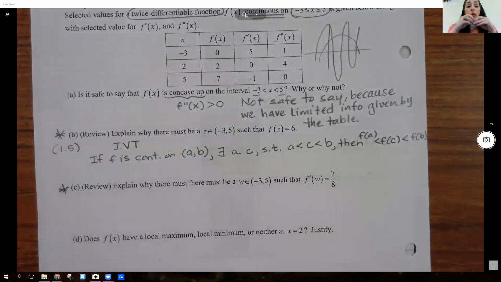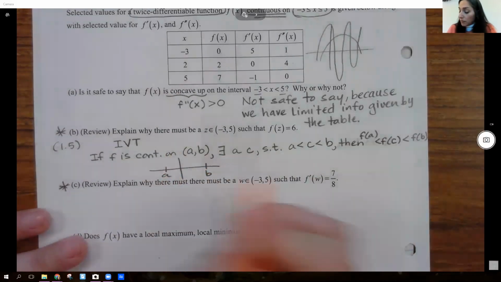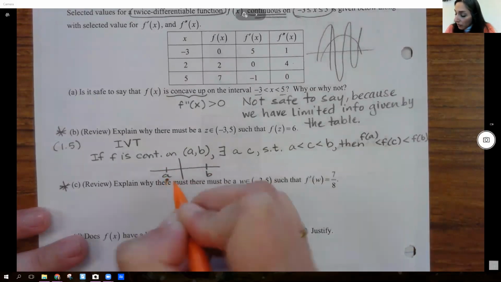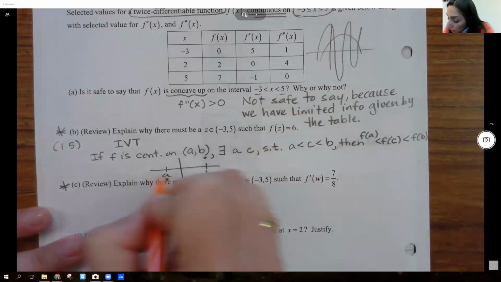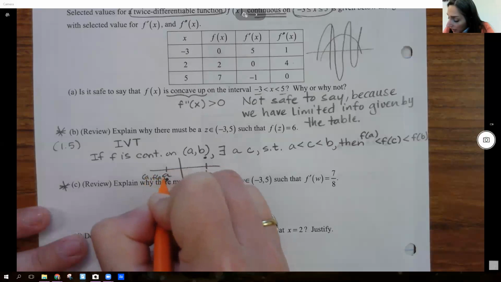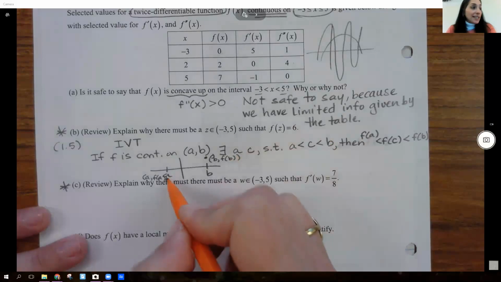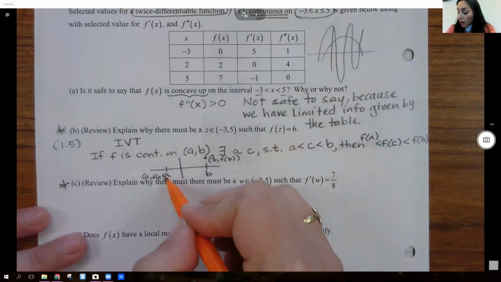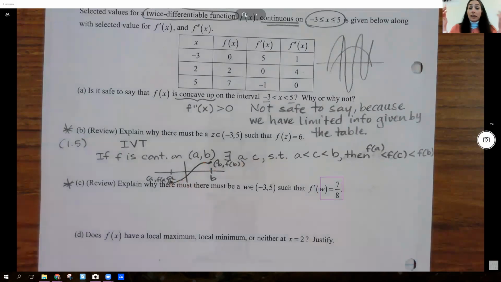What does that say? If you have a continuous function, that means everything is connected. So let's say A is here and B is here. If you start down here and you end up, we'll say, up here, this point would be A comma F of A, and up here would be B comma F of B. And if this is a continuous function, somewhere it's going to hit every single Y value between F of A and F of B. Now, it can do whatever it wants.